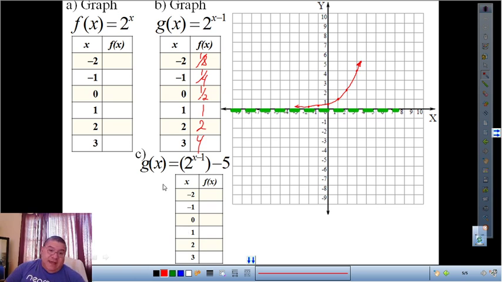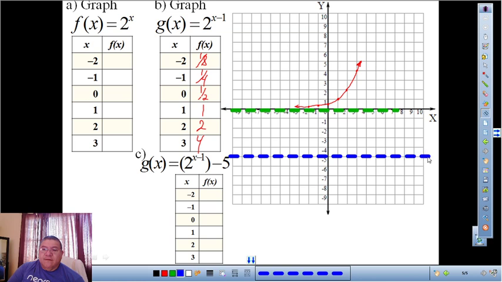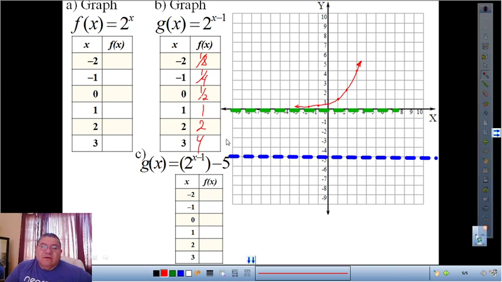Yeah, negative 5. So that means I'm going to graph my asymptote at negative 5. So what does that mean? That the same points that we have here, after we plot them, are going to move in which direction? That is correct, 5 steps down. So I'm going to take this one.